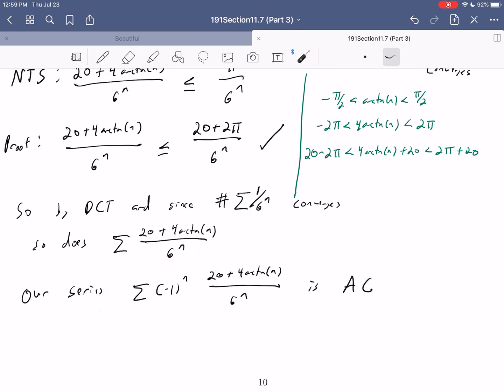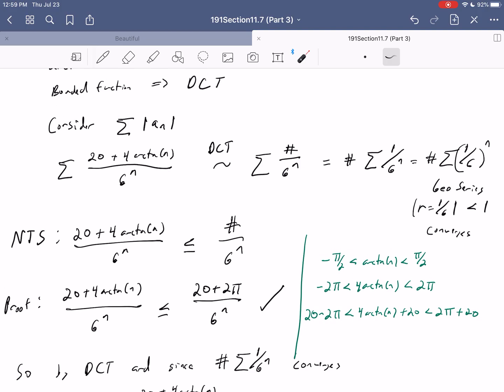That's what this tells us, because we put it in absolute value, and by DCT, it's still converged, so our series is absolutely convergent. So this is a typical example of where you would use DCT because of the fact that it was a bounded function. Sine, cosine, arctangent, all of those bounded functions, DCT can be useful on them.